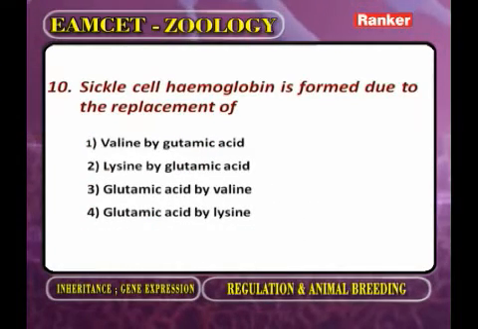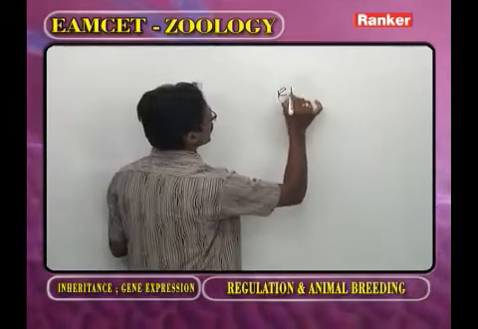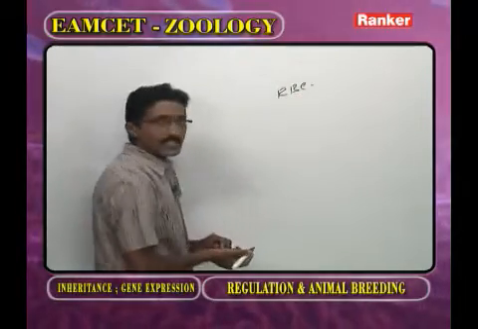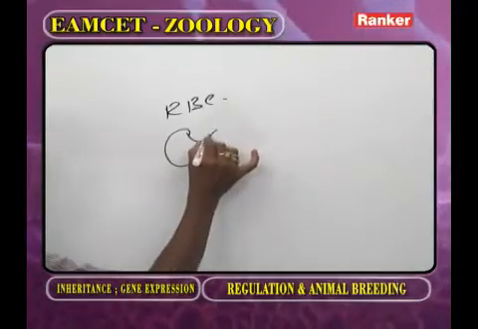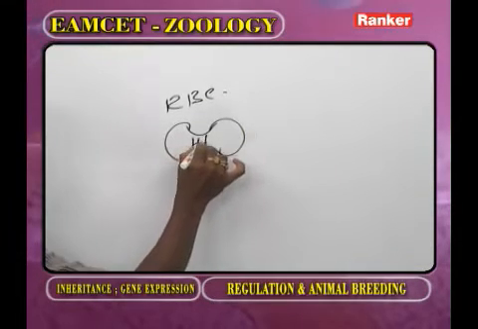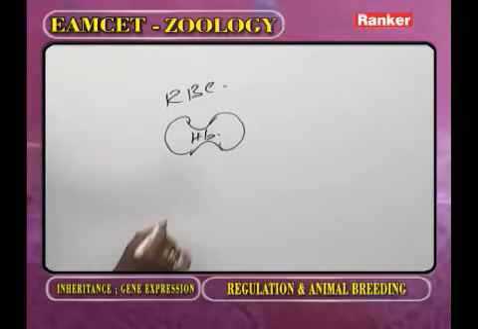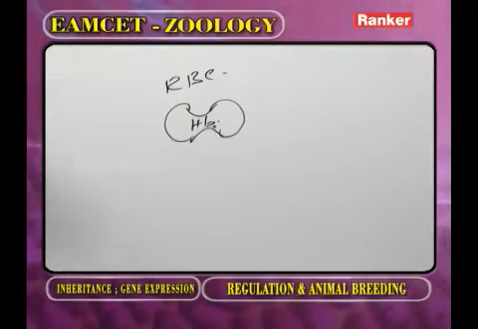Sickle cell hemoglobin is formed due to the replacement of. Now the sickle cell anemia. Now as we observe the human beings, in the body of human beings, what is the shape of RBC? Biconcave and circular. That is RBC. In the RBC, what is present? Hemoglobin. Now this is a protein.